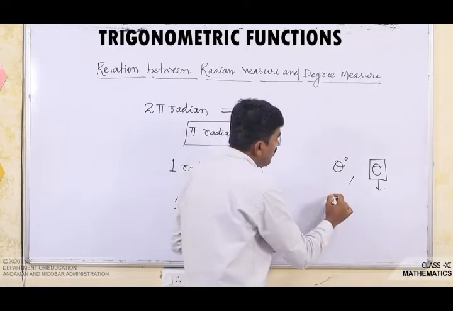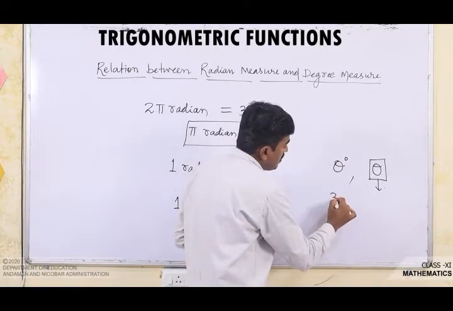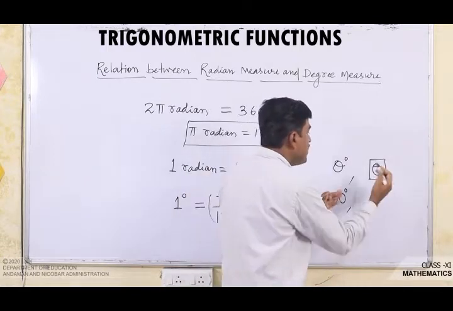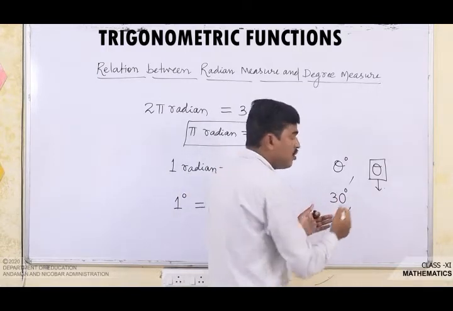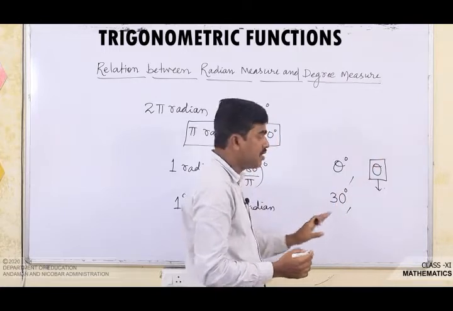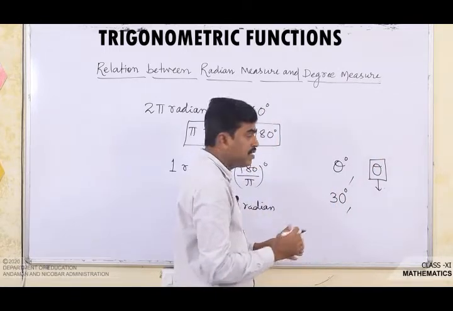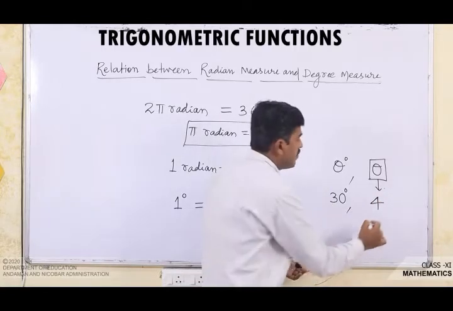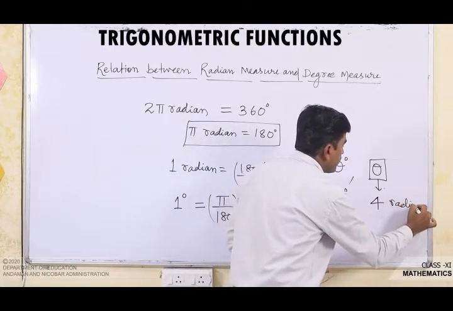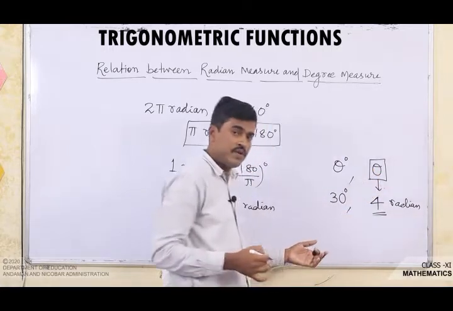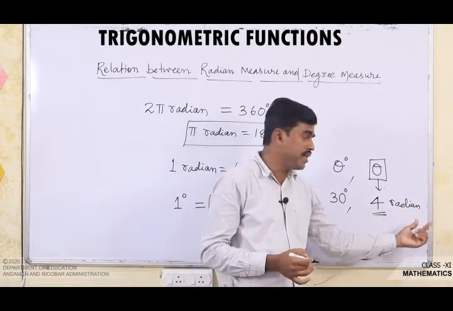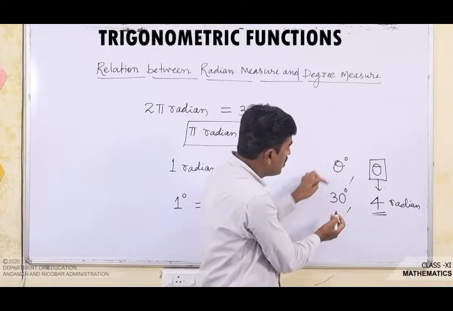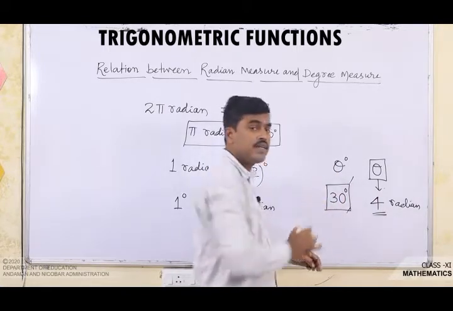If it is measured in radian, there is no need to write the symbol of radian; it is always considered radian. Suppose the angle is 4. That means it is 4 radian, because degree is not mentioned there. If degree is mentioned, then it is strictly in degrees.